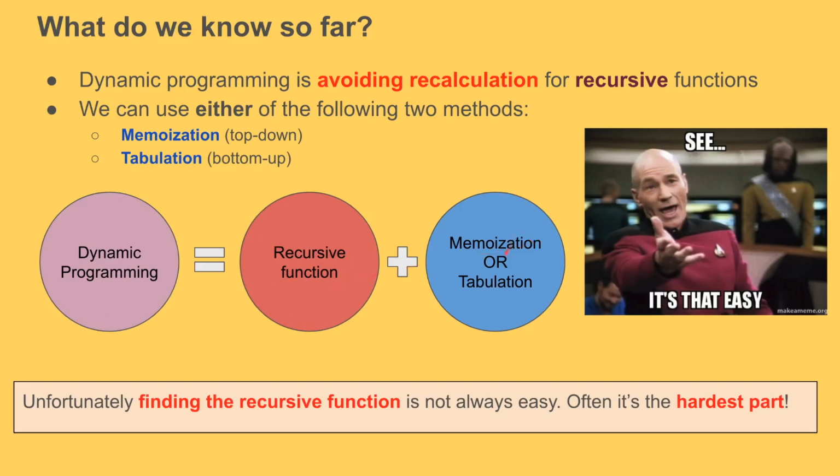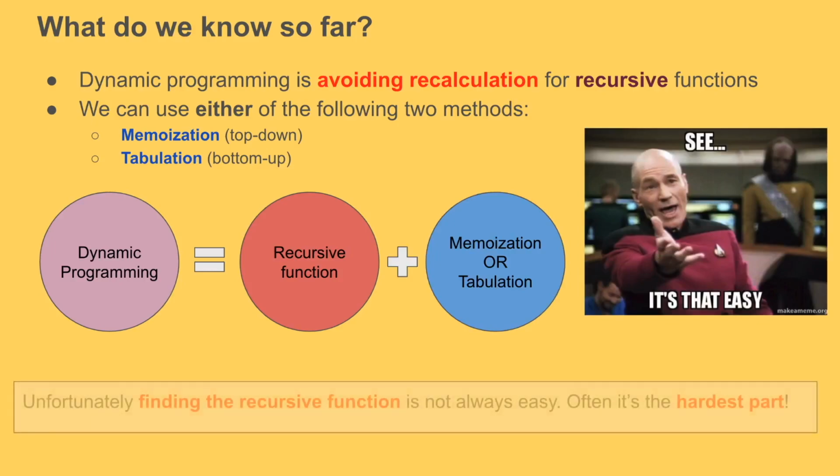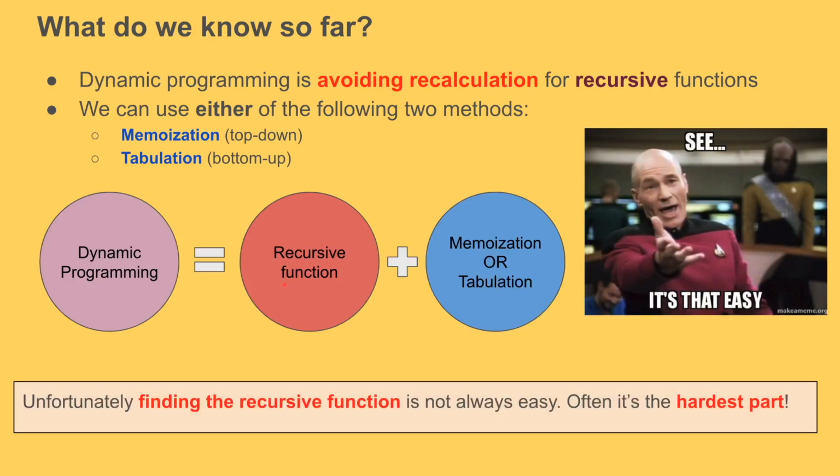Using memoization or tabulation usually is not too hard. Everybody can do this. But coming up with this recursive function, finding out that this problem has the two inherent features that we talked about before, the overlapping subproblems and optimal substructure, is usually the hardest part.